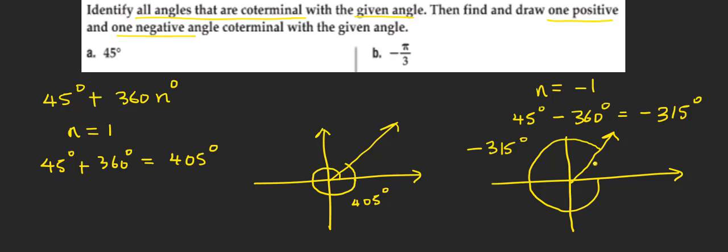And you could notice that this is going to be 45. So again, negative 315 degrees and 405 degrees are coterminal angles because they have different measurements, but they have the same initial and terminal side.